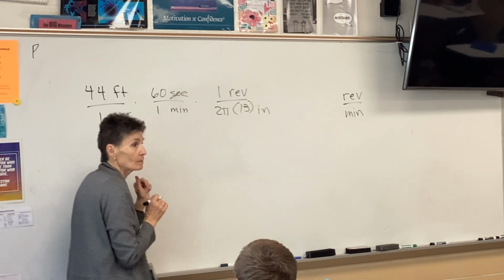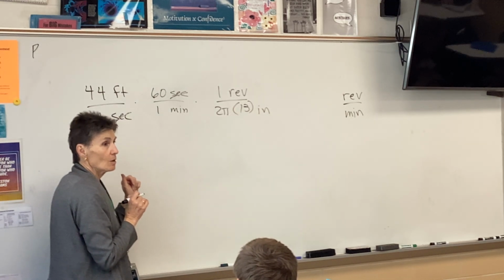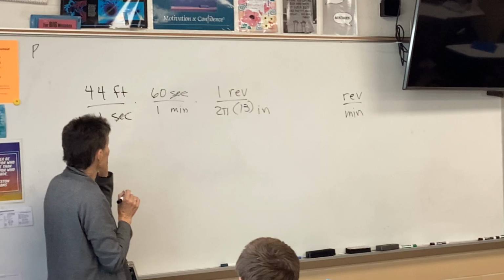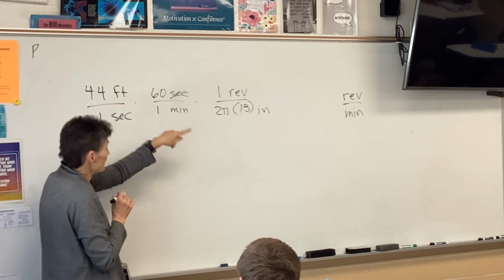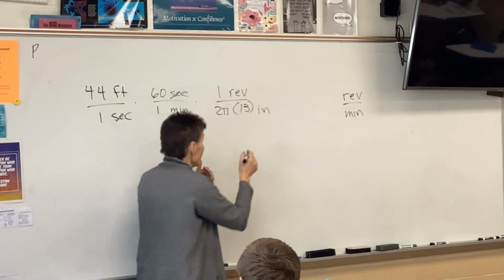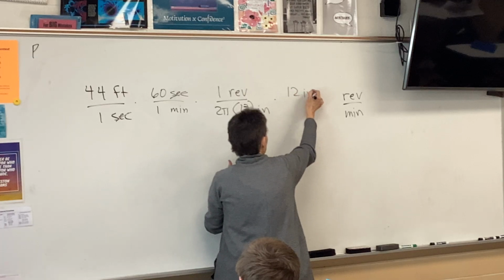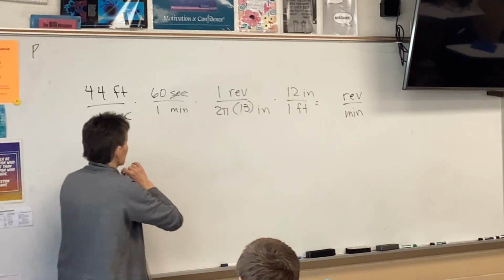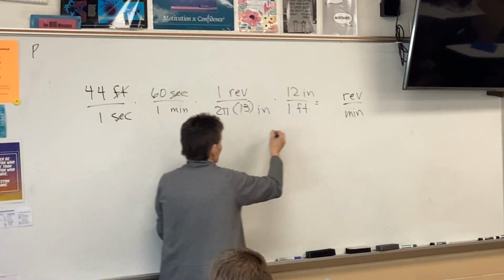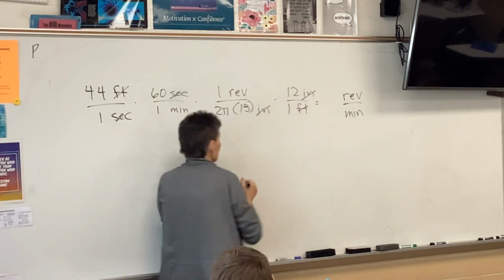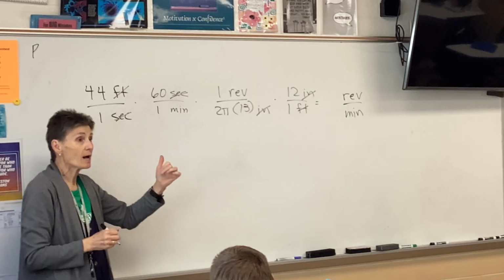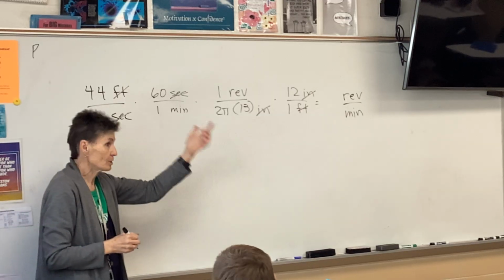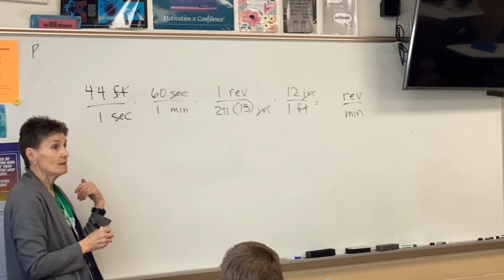So, uh-oh, I need to cancel feet and inches, so I'm gonna have to say 12 inches are 1 foot. So the feet will cancel, the inches will cancel, and the unit on top is revolutions, and the unit on the bottom is minutes.